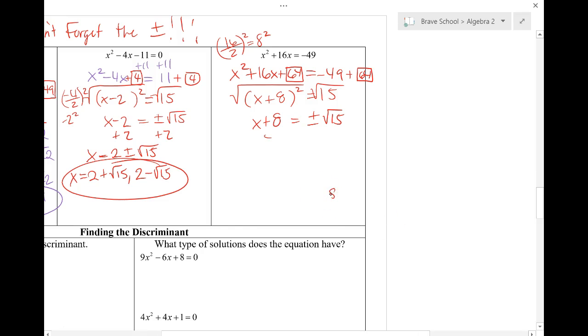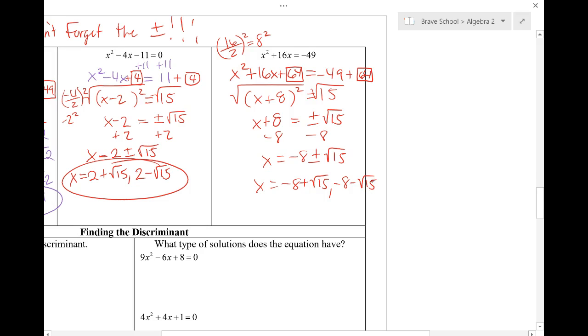Subtract 8 from both sides. X equals negative 8 plus or minus the square root of 15. And then the final answer that you would write here is x equals negative 8 plus square root of 15 and negative 8 minus square root of 15.